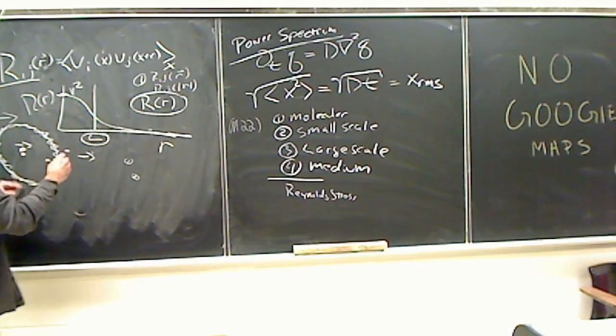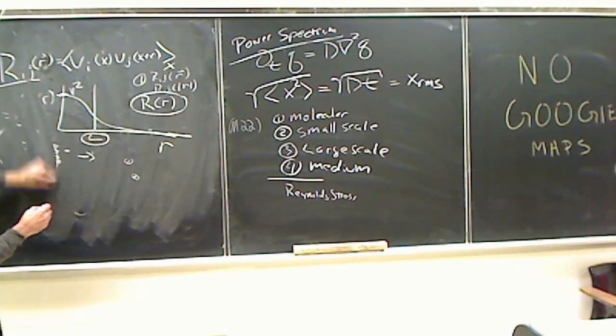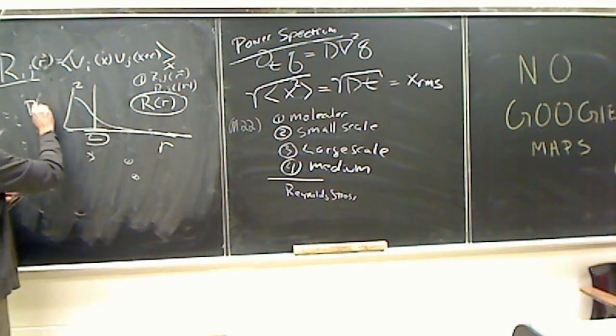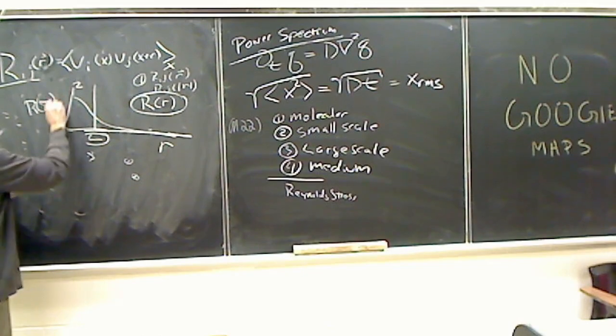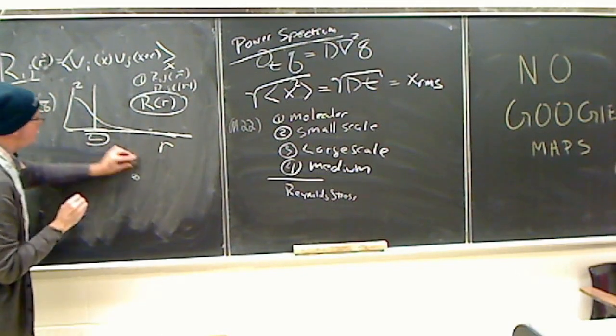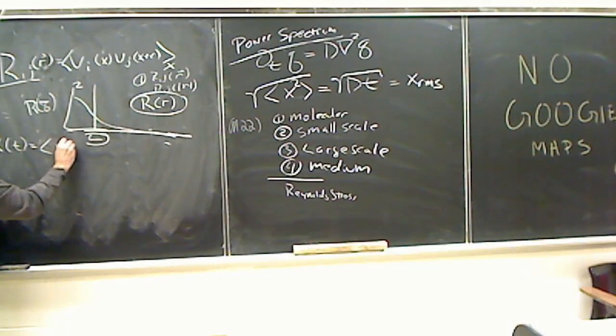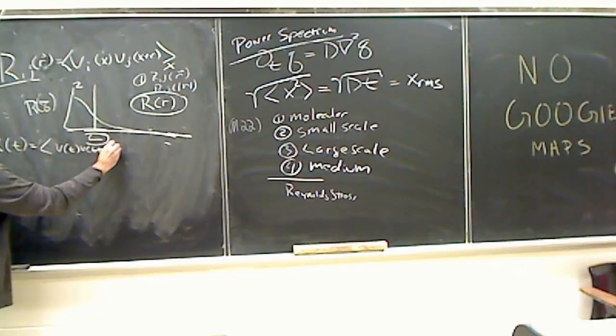So I can say, oh, I want this still. So now I'm going to call this R of tau, and I'm going to write a similar function, which we'll call R of t, which is the average of v at t plus tau.